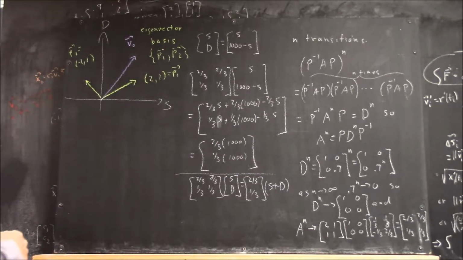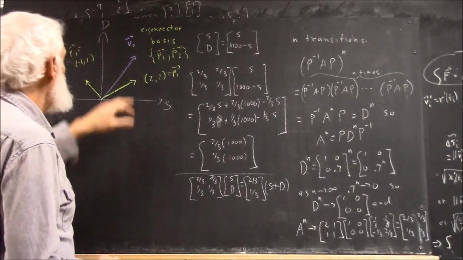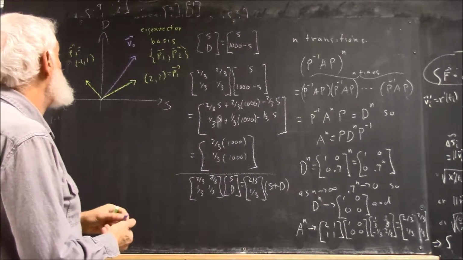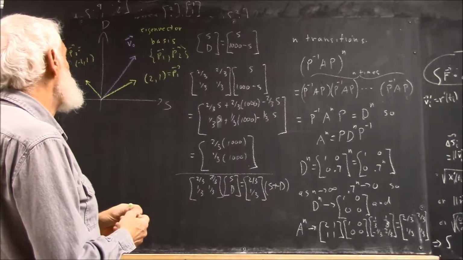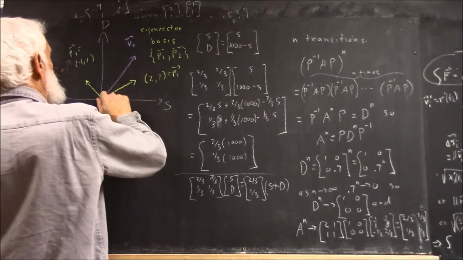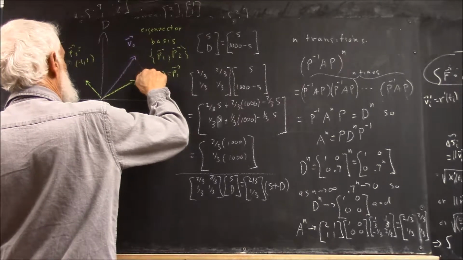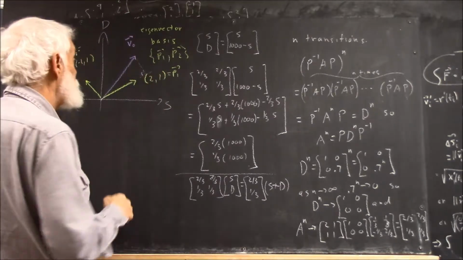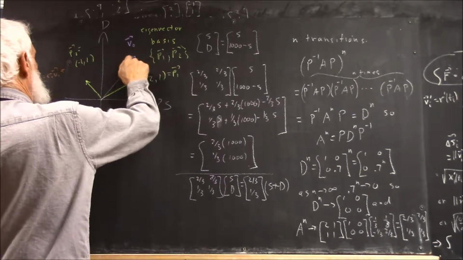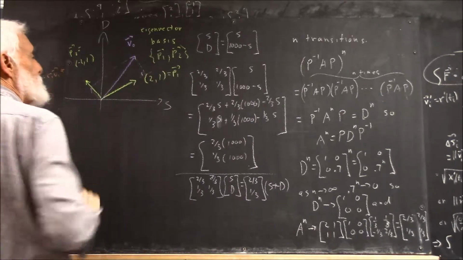Well, V naught can be expressed in terms of your eigenvector basis. I'm just thinking notation here, but you go out along this eigenvector, it's something I showed you very early in the course, right? And you also project this on this eigenvector.